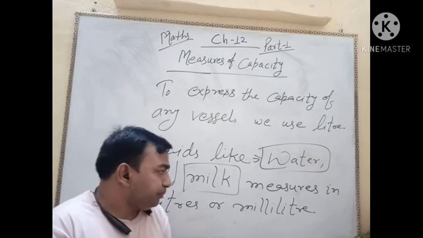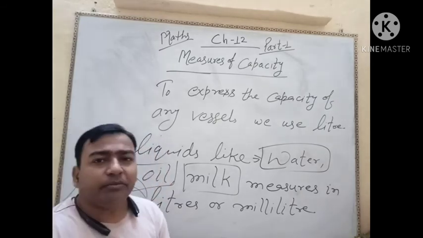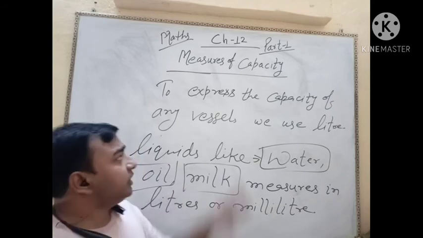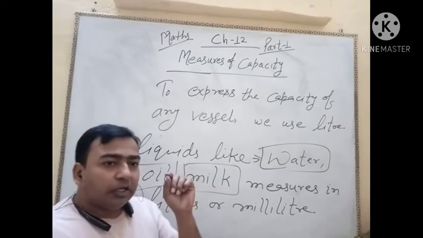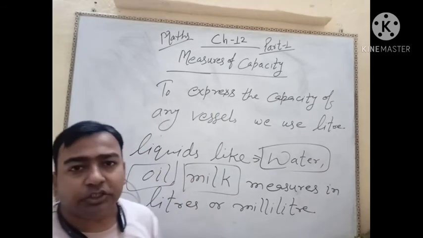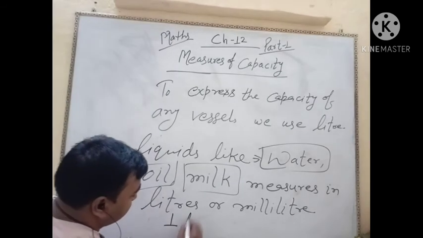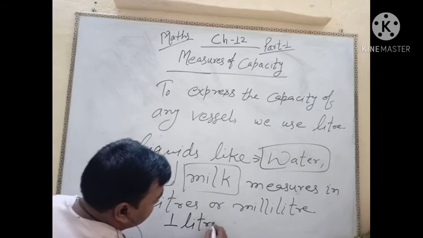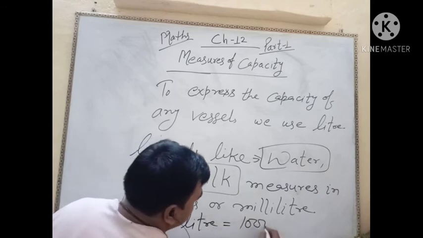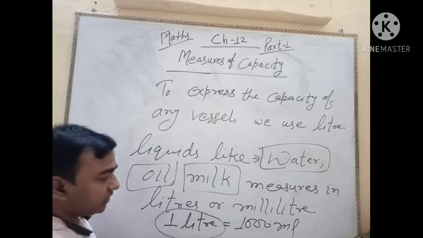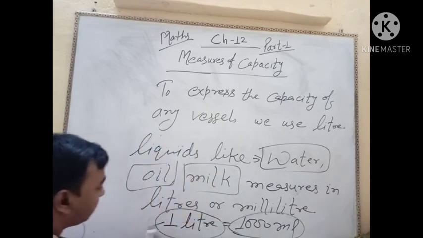So students, in this video we have learnt about units. Liter is the standard unit of capacity, milliliter is a smaller unit of capacity, and one more thing: 1 liter equals 1000 milliliters. This is a bigger unit, this is a smaller unit.